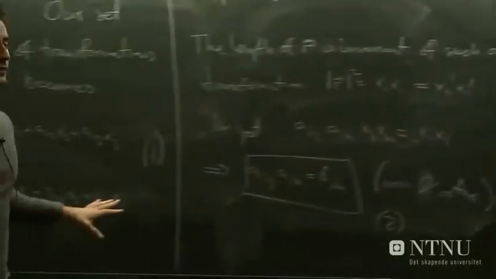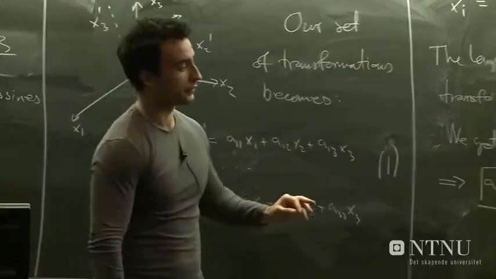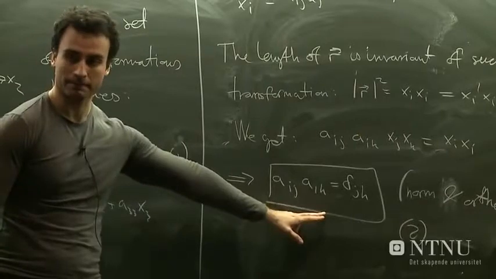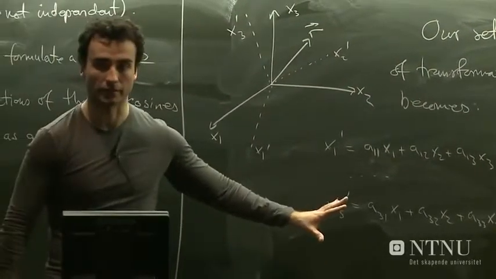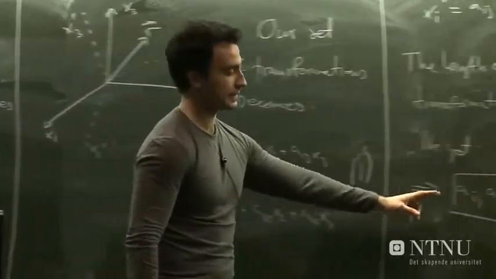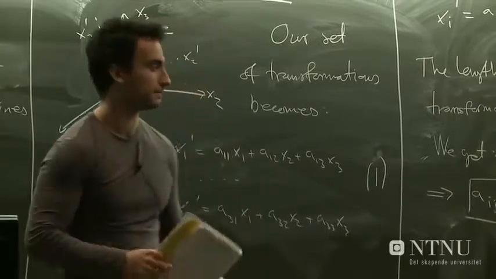This set of linear transformations is known as orthogonal if the coefficients satisfy this equation. So this is not necessarily an orthogonal transformation, this is a linear transformation. But if the coefficients satisfy this criterion, then it's also an orthogonal transformation.